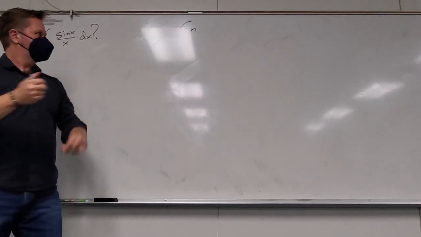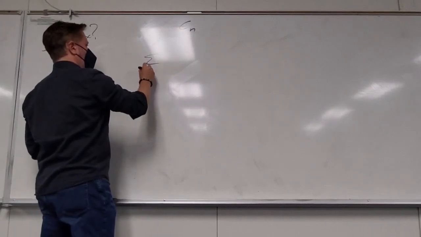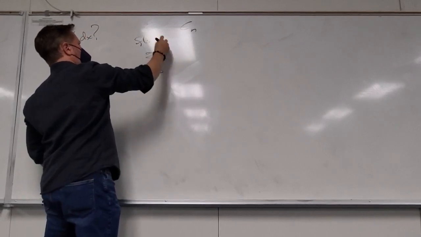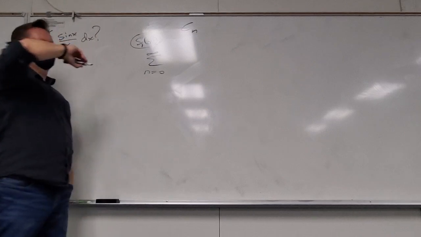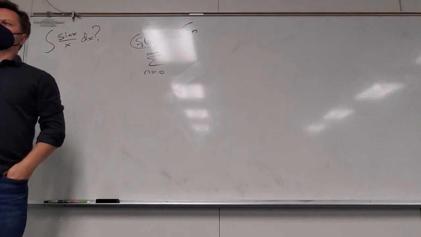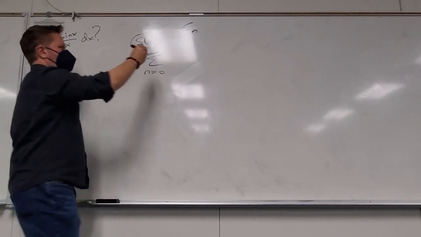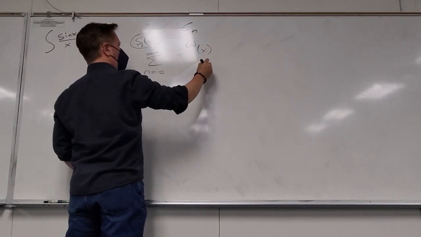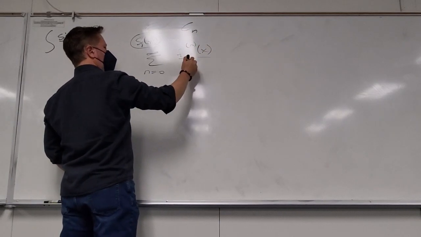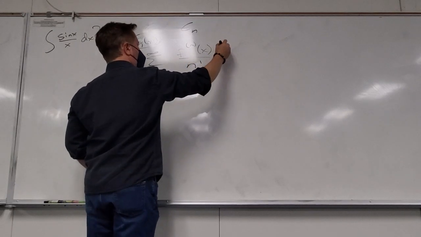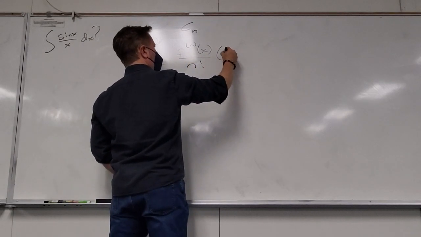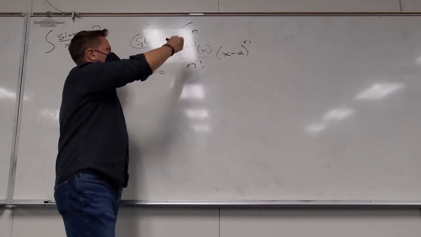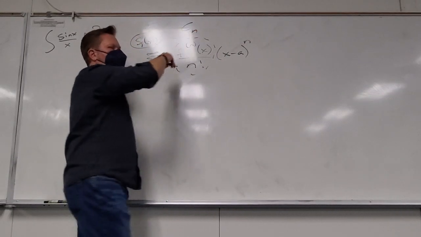But we eventually got the form of the Taylor series given some function: the nth derivative of f(x) over n factorial, times (x minus a) to the n.